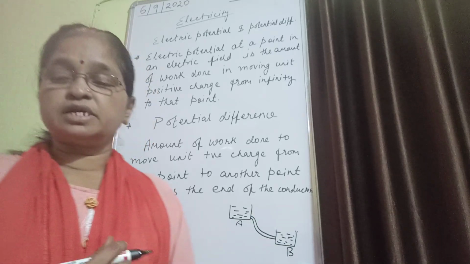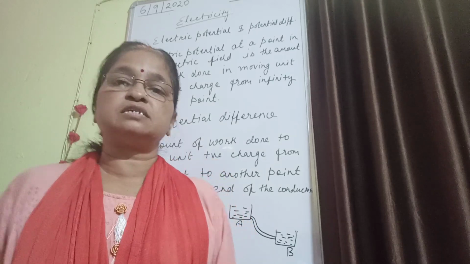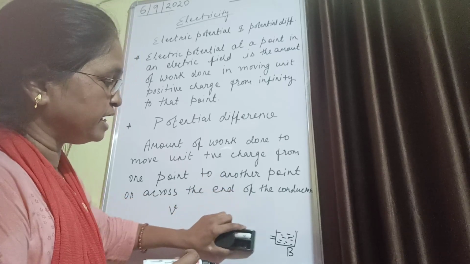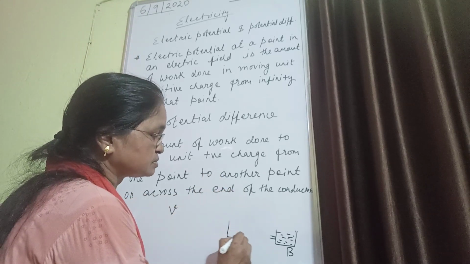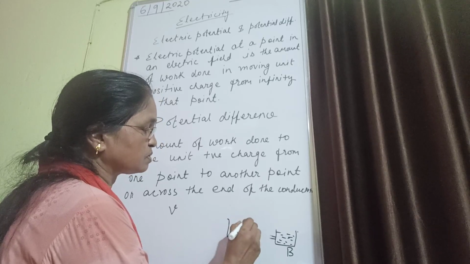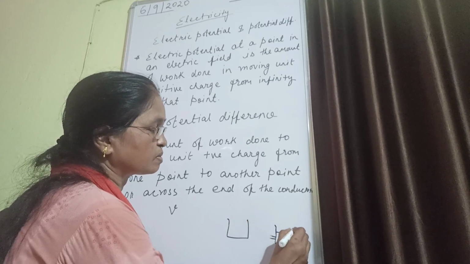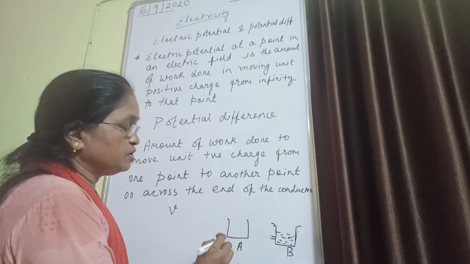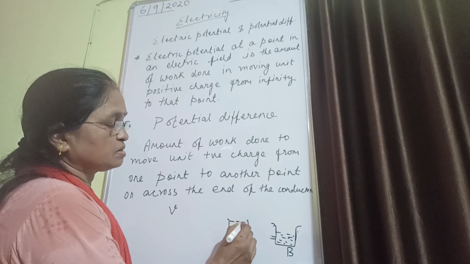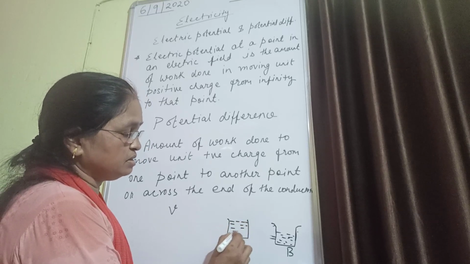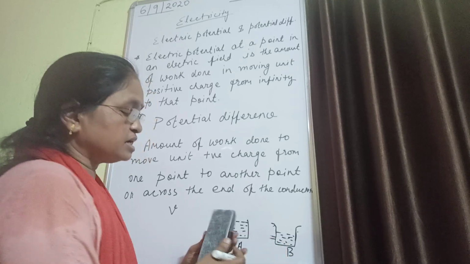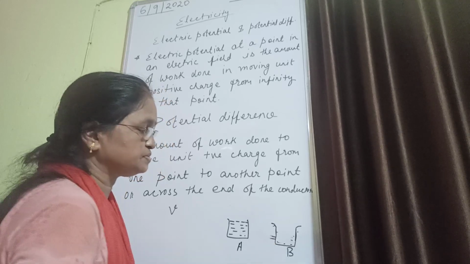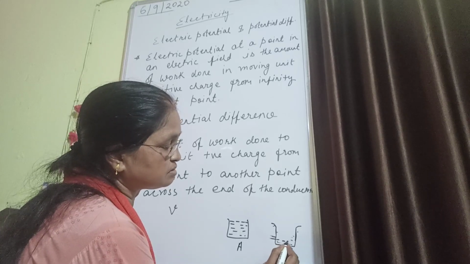But students, what happens if both the tanks are at the same level? Suppose tank A consists of water at this level and tank B consists of water at a very lower level.